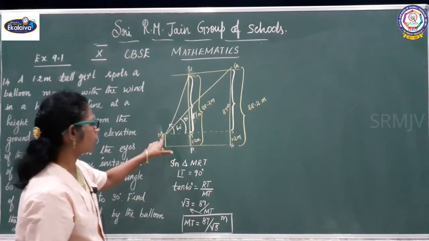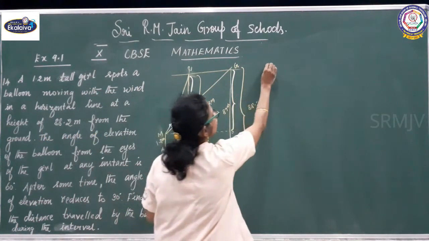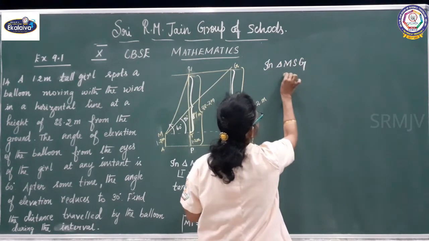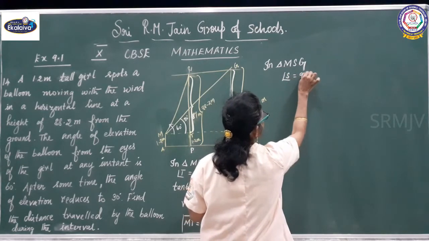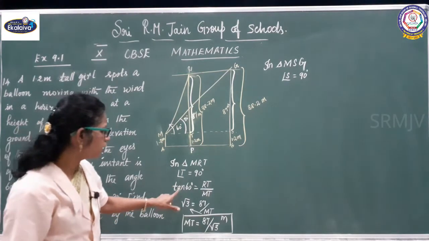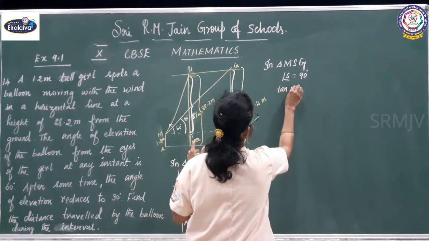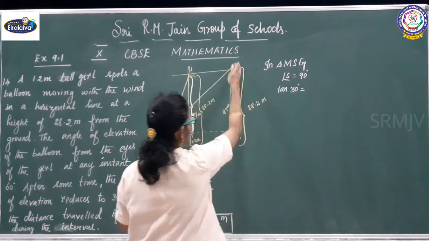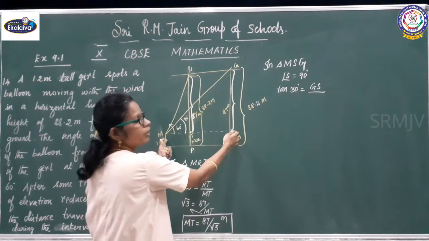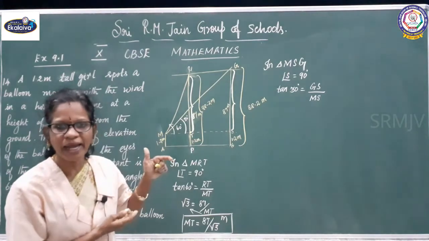Next you will pass on to the triangle MSG. In triangle MSG, angle S equal to 90 degree. Here also the same trigonometry function you are going to take, that is tan, right? Tan 30 degree equal to the same opposite, that is GS divided by MS, opposite by adjacent.